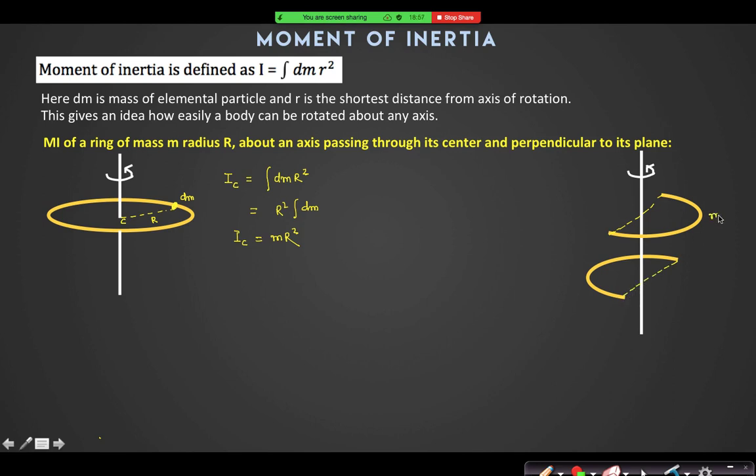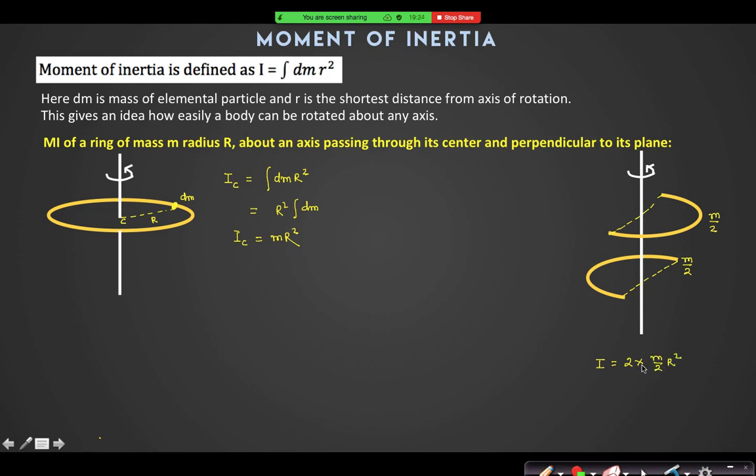Both of them have the same mass m by 2 and radius r. Then if I rotate these rings about this axis of rotation, what will be the moment of inertia of the system? The same, mr square. Why? Because this ring will have a moment of inertia m by 2 r square, and this ring will have a moment of inertia m by 2 r square.